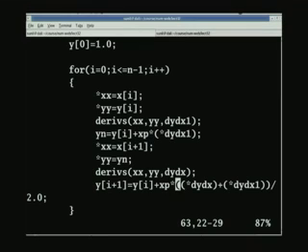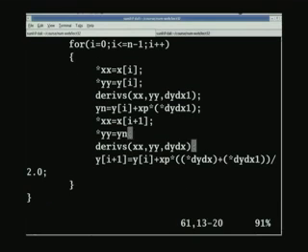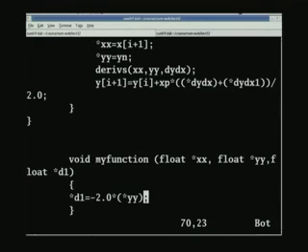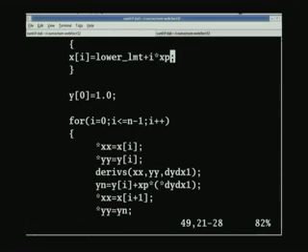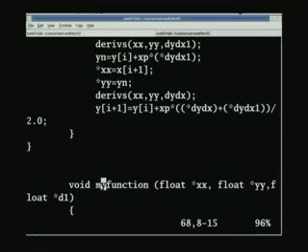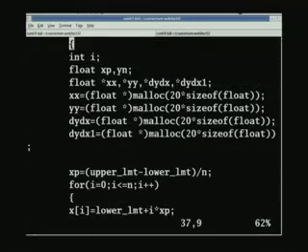And I divide that by 2. That is the function value. This loop continues for all i going from 0 to n minus 1, that is n points will be evaluated, and that would return to the main program.